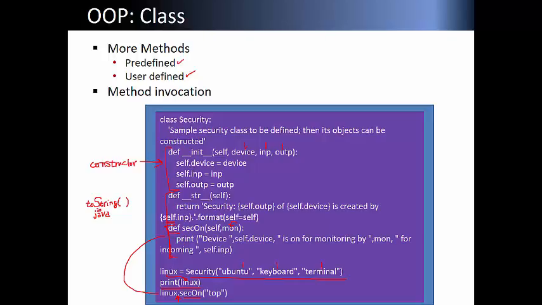Then that is executed. When you say print Linux, print an object only, then internally it executes that. If you have this instantiation, then internally it executes this. That's what they are doing.